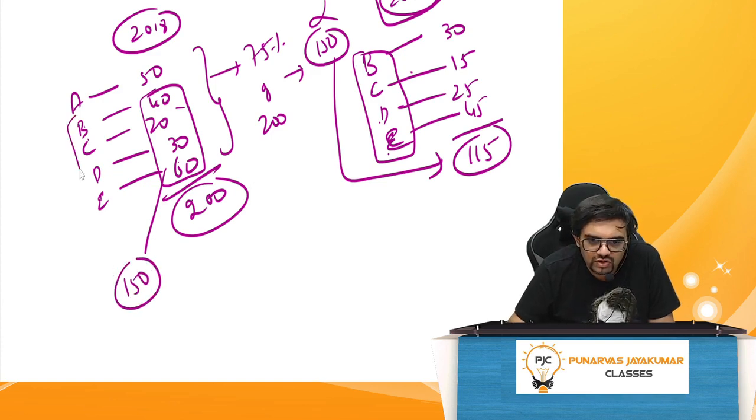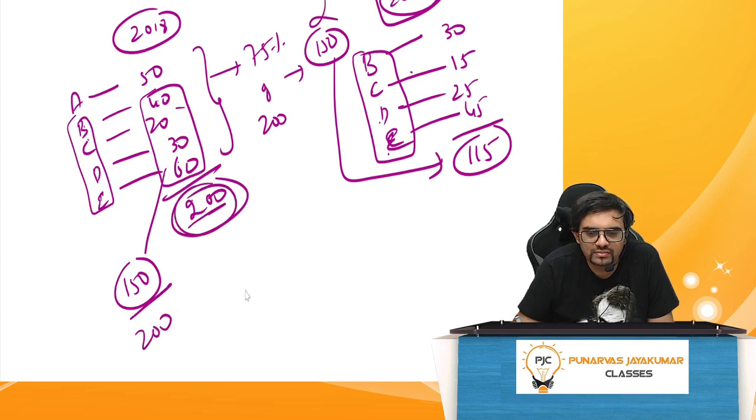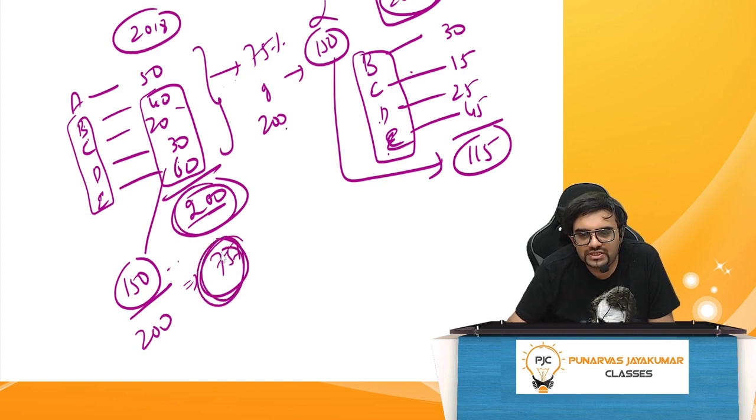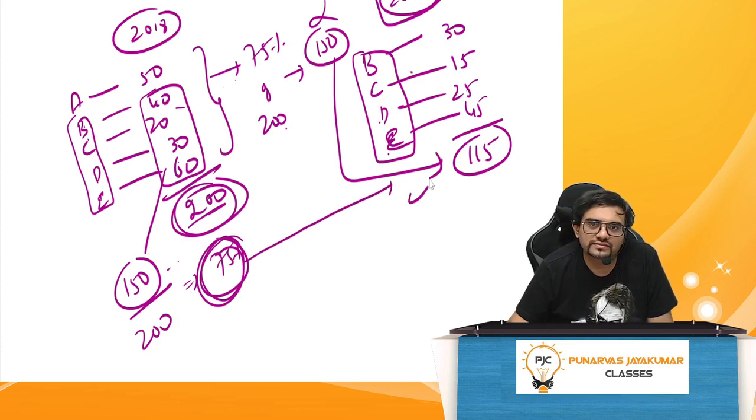The book value of the assets should represent 75% of the assets as on that day. 150 by 200 is 75%. That 75% of 200, 150 by 200 is already represented on 2018. Is it continuing here? Yes. That's all. This reduction in value obviously is because of depreciation and other things.